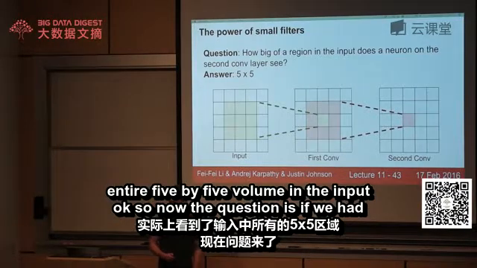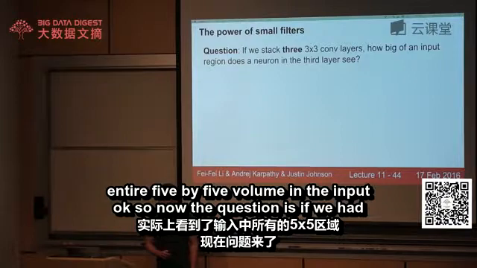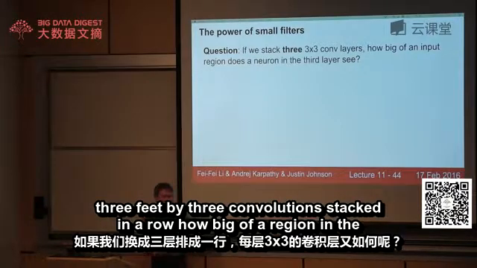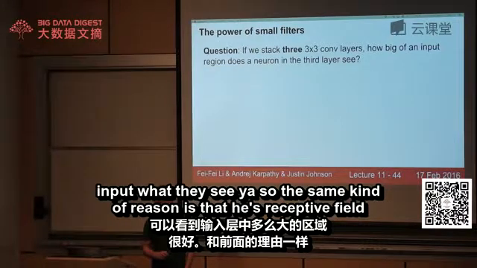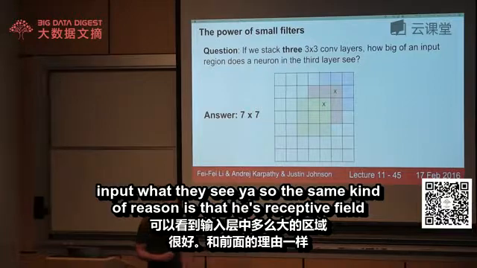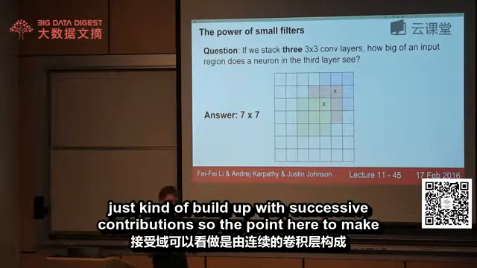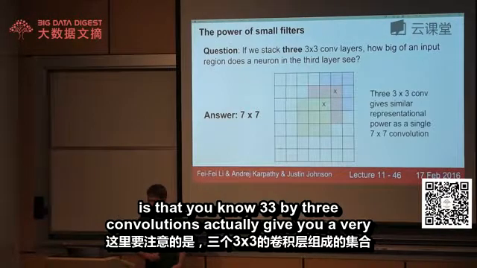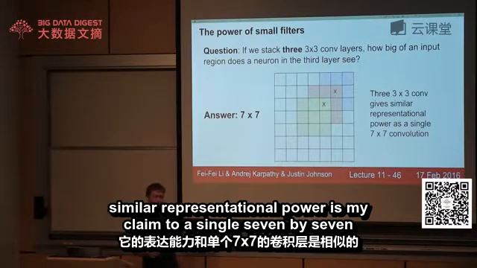Okay. So now the question is, if we had 3 3x3 convolutions stacked in a row, how big of a region in the input would they see? Yeah, good. So the same kind of reason, these receptive fields just build up with successive convolutions. The point here is that 3 3x3 convolutions give you very similar representational power, is my claim, to a single 7x7 convolution.